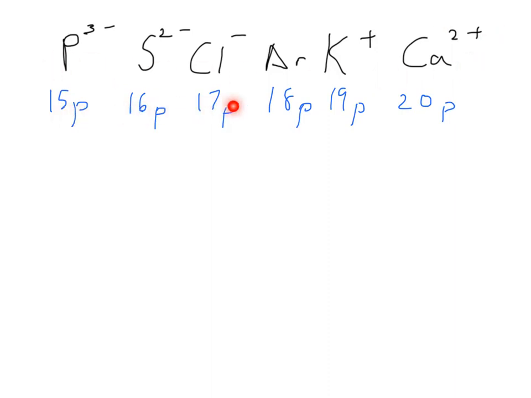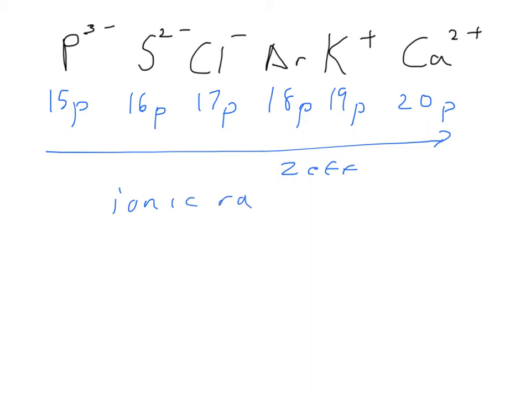However, the pull of the nucleus increases with increasing atomic number. Because that Z effective increases with increasing atomic number, we can assume that the ionic radius will get smaller as we increase our atomic number, because the pull of the nucleus is getting larger.